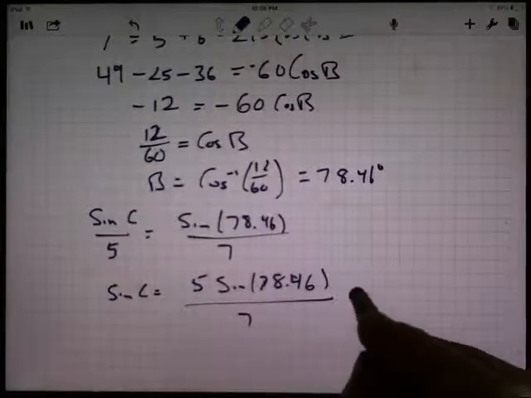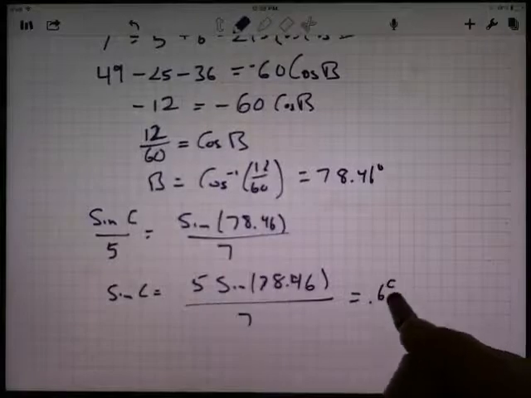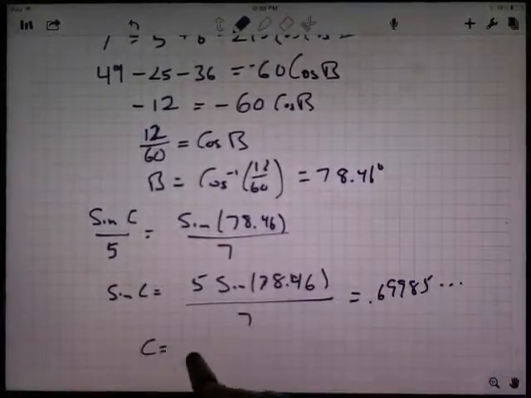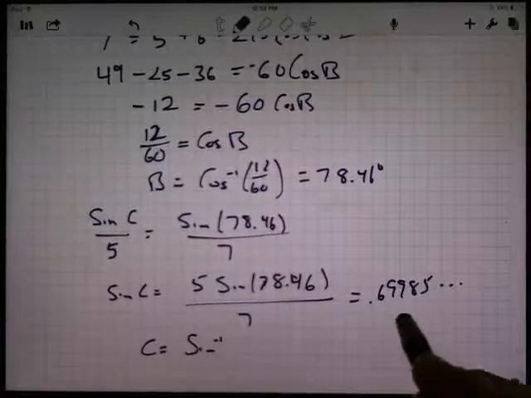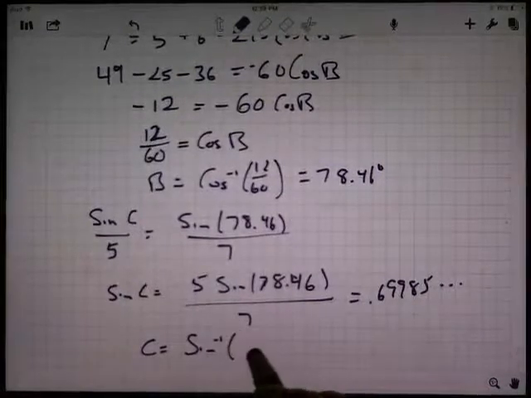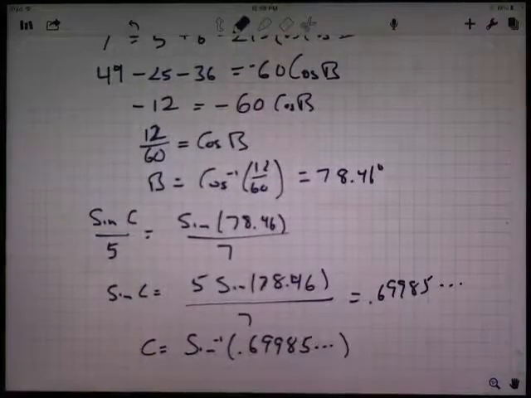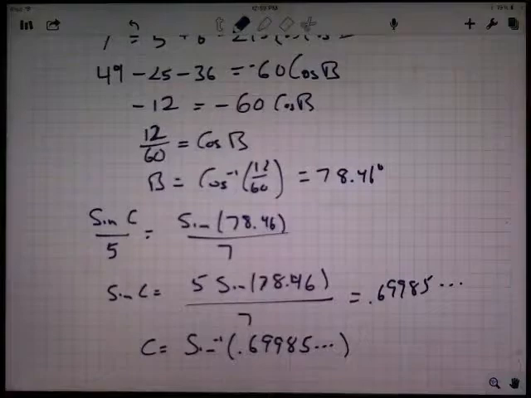And so I get the sine of C is 0.69985, whatever. And so C is going to be the inverse sine of that. Again, I'm not rounding that. I'm letting my calculator remember as many decimal places as it can. I don't know if I've emphasized that enough. I get tired of people rounding partway in the middle of a problem, and then it makes the answer by the time you get to the end really way off.